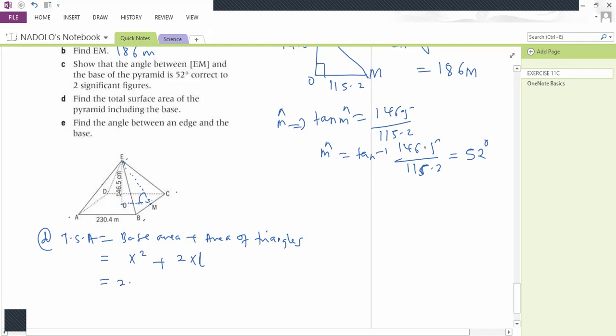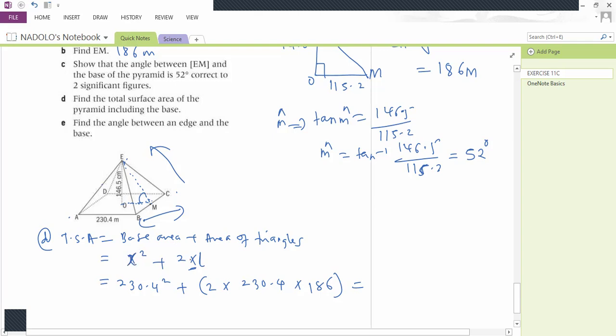So that you will have 30.4 squared plus twice times 30.4, then times, this one is the base. Let's say, for example, you are considering triangle BCE. So the base is BC, then multiplied by the height EM. And I believe we calculated EM and got 186. So insert this in the calculator, and let me be consistent in writing my x.